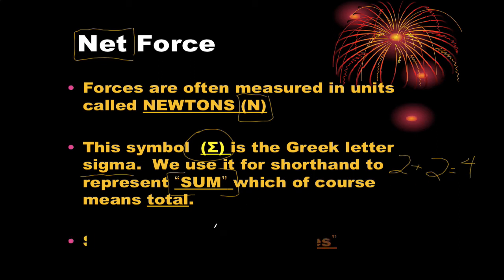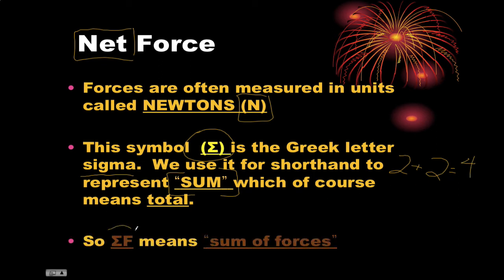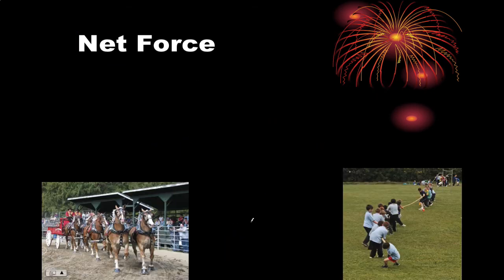So what I might do is give you this right here in a math problem: find sigma F. When I do that, I'm asking you to figure out the sum of all of the forces acting on the object. Now, here's where the tricky part comes in. Sum, in this case, meant to add, right? But in some cases, we might need to add or subtract. It just depends on the forces themselves. So let's get into that a little bit.